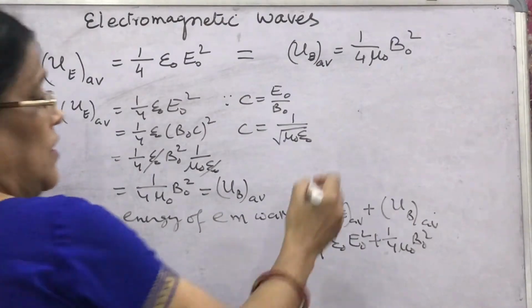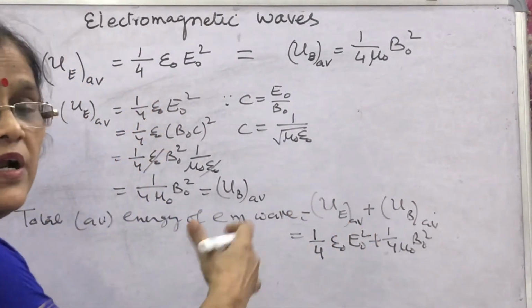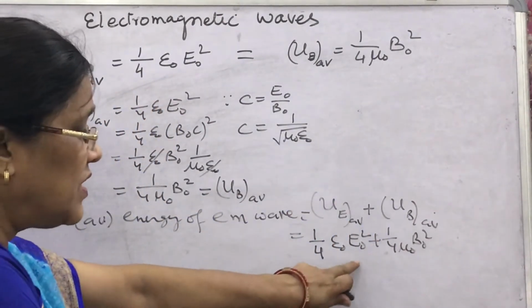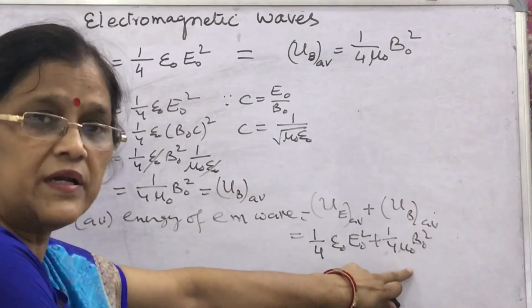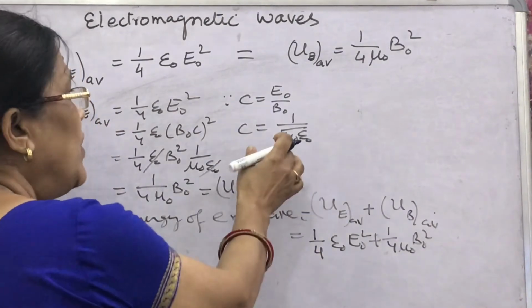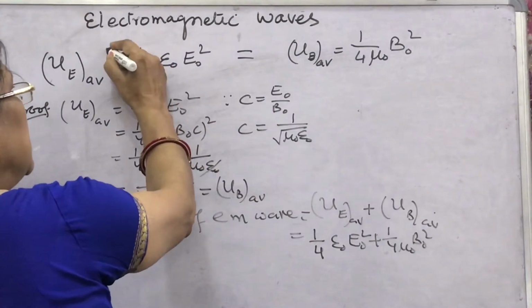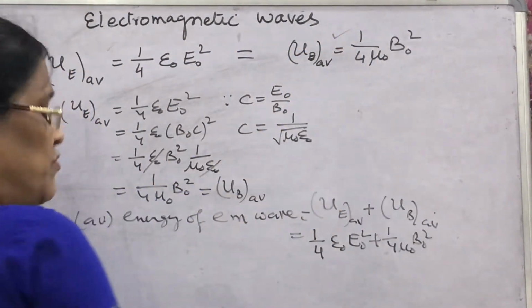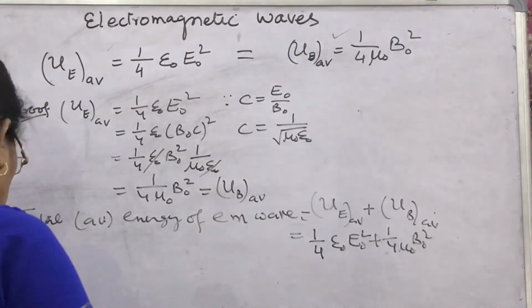Also, it is asked how will you learn the total energy? Either you learn it in separate electrical and magnetic energy form, or you have proved just now that this electrical energy is the same as the magnetic. Then what can you write here?